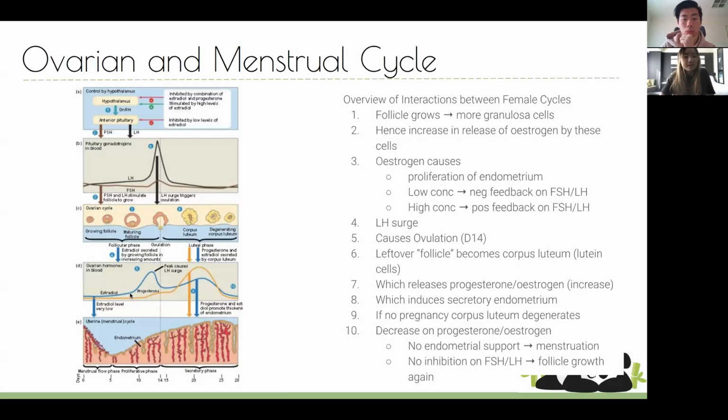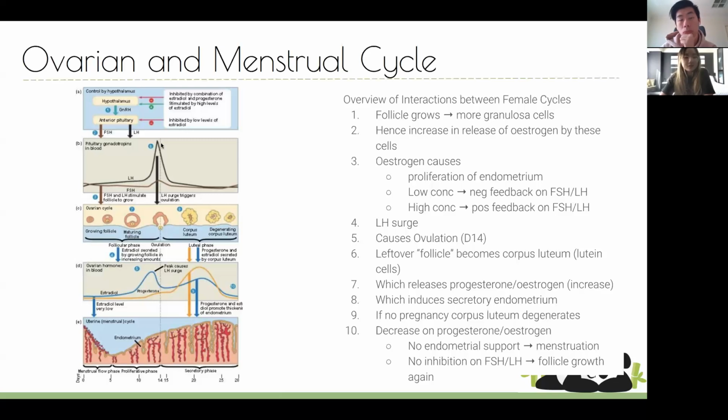But as estrogen rises to high concentrations, it actually has a positive feedback effect on FSH and LH. It goes back up to the anterior pituitary and tells it to secrete more FSH and LH. Because of that, you get an increase in both of them, especially the LH. We call that the LH surge.